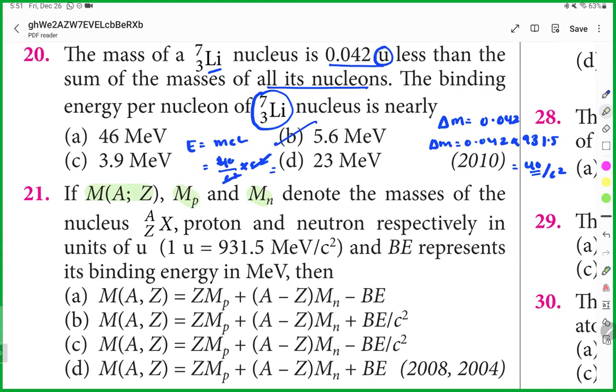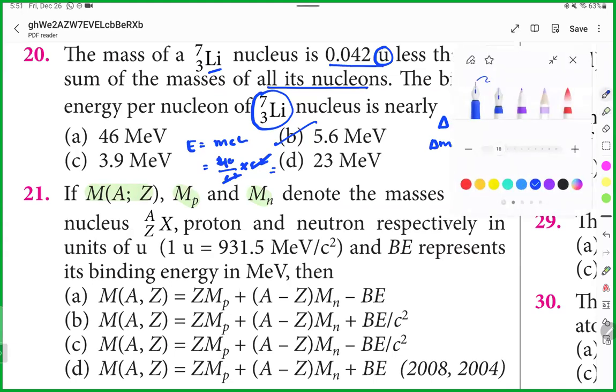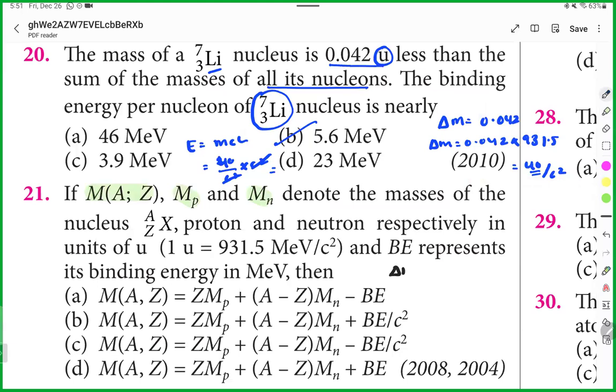Yes sir. Now see, if you do calculation, delta m is equal to 0.042. Let's take like 0.04 by 100. Take it approximately 900, around 36 in the easiest way. Though it will be greater, but around 36. Correct.